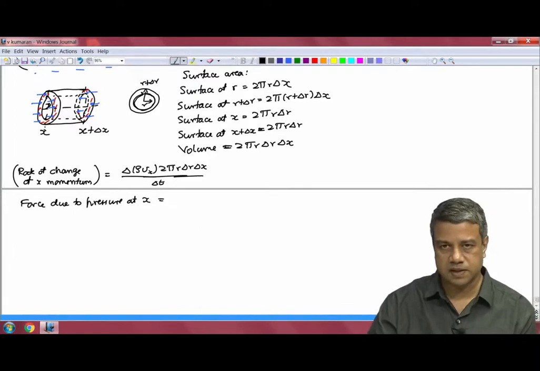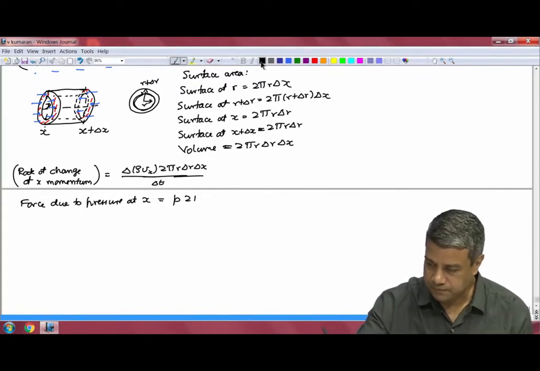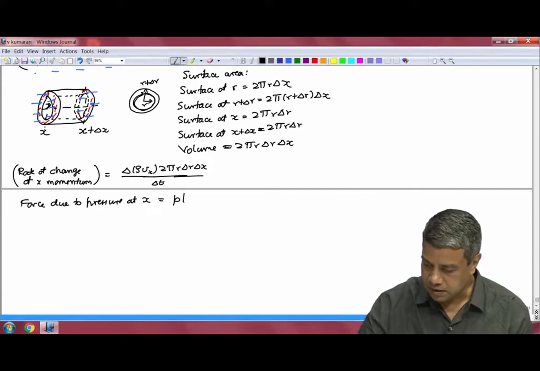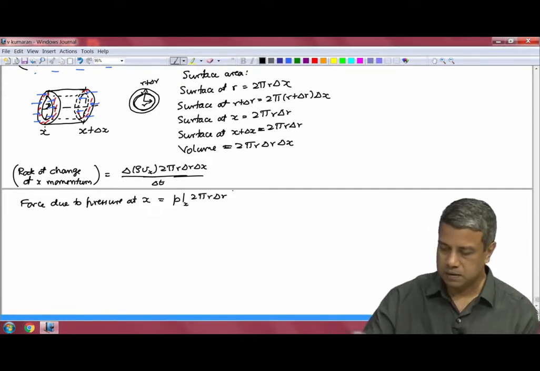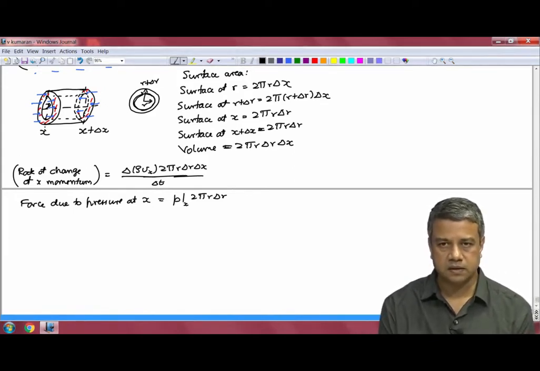So, it is in the plus x direction and it is equal to the pressure at the location x times the surface area, 2 pi r delta r. Force is in the plus x direction at the location x because it is along the inward direction.